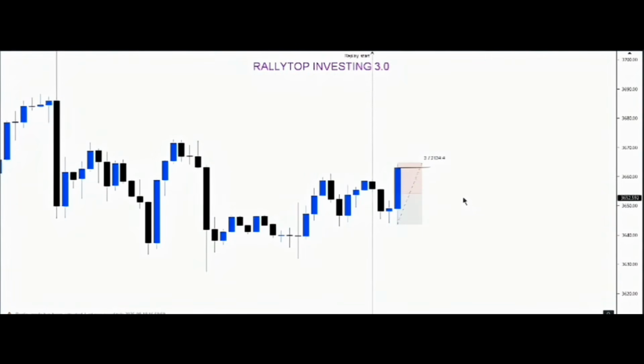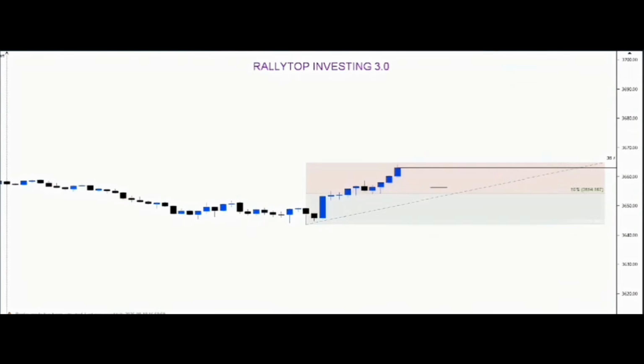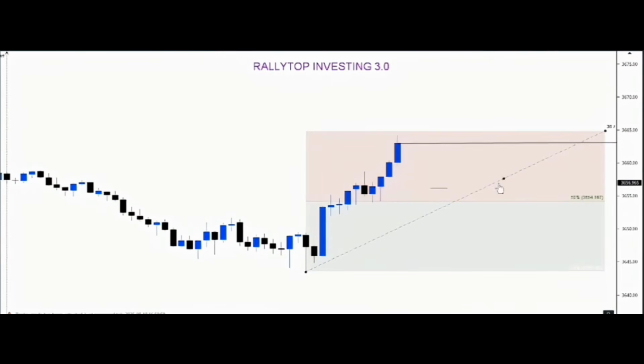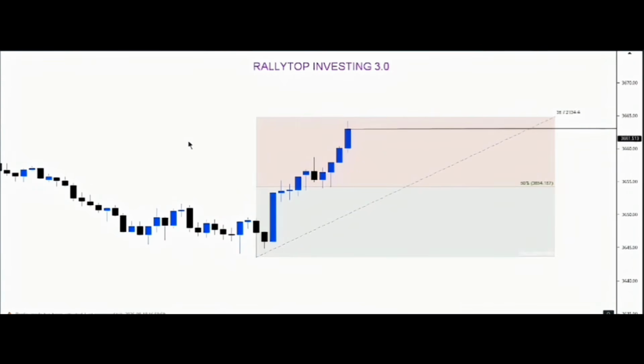After marking out this close, you want to scale down to your 5M time frame and wait for a sweep of any candle low. So this is the 5M. This is the close. We are waiting for the next 1H candle to open, and we want to see a sweep of the low.